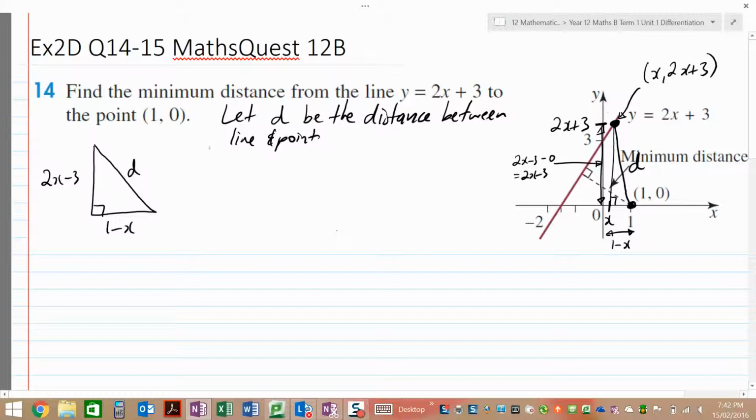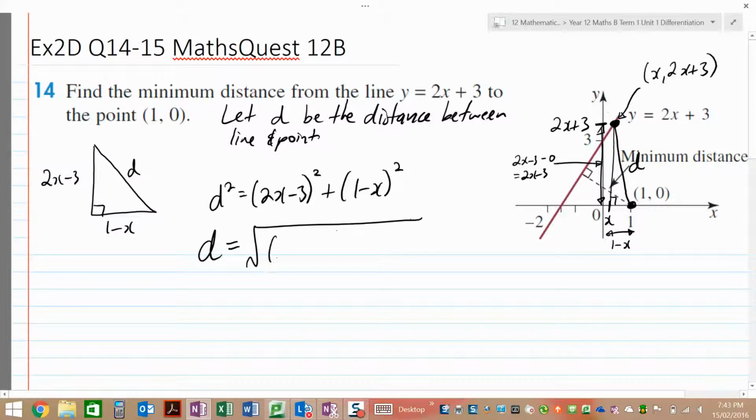I know my Pythagoras relationship will be d squared equals (2x plus 3) squared plus (1 minus x) squared. So the distance between the 2 points will just be the square root of this.